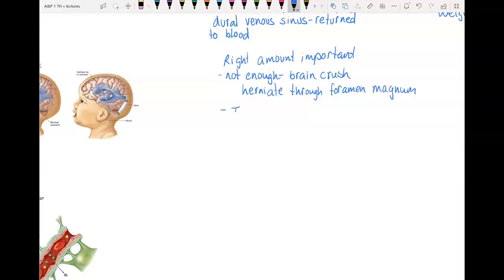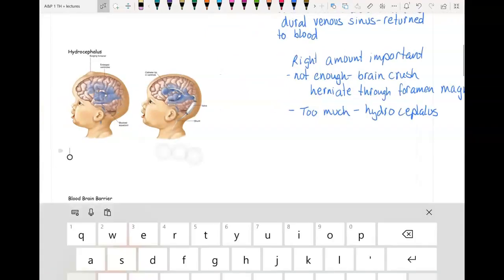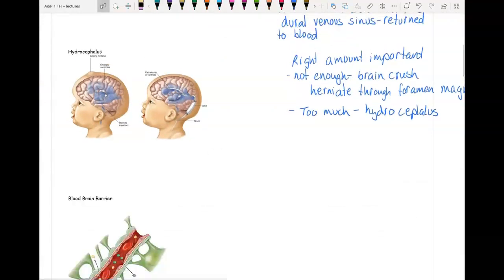And if you have too much, that is a condition called hydrocephalus. Today there is medical treatment for it, but it used to be a fatal condition. And it tends to be in babies where you can see here there's a blockage right here where the fluid can't drain out of the ventricles.